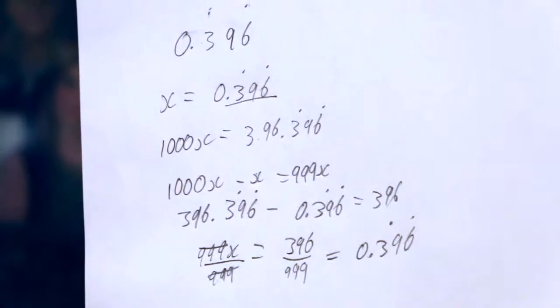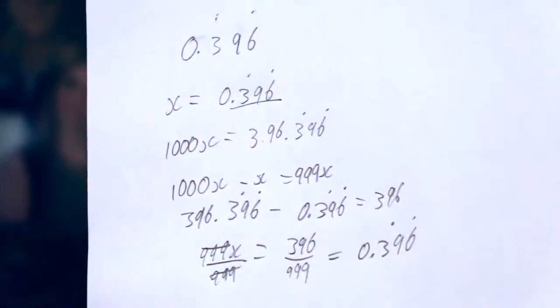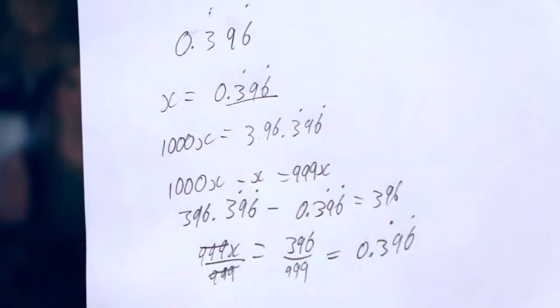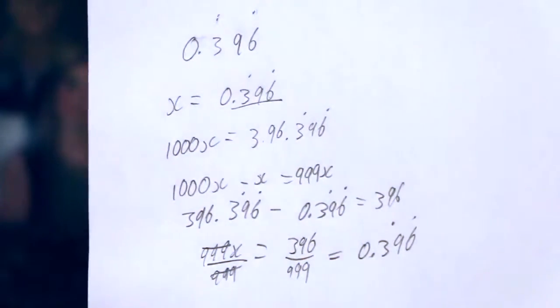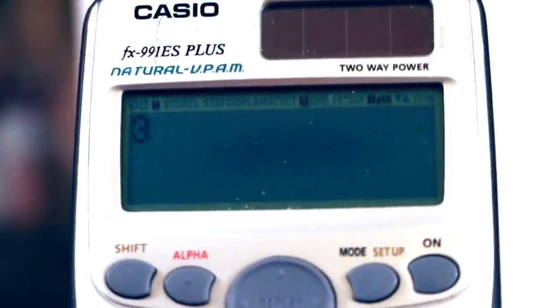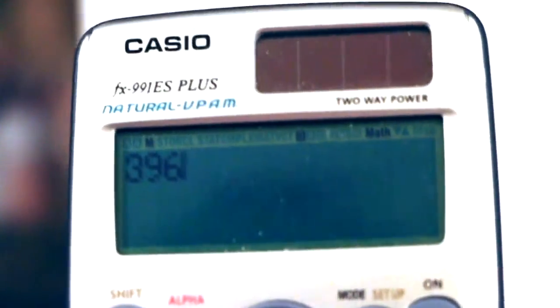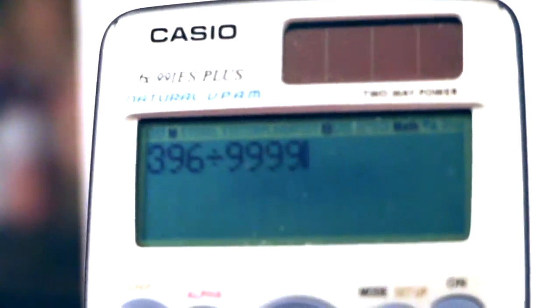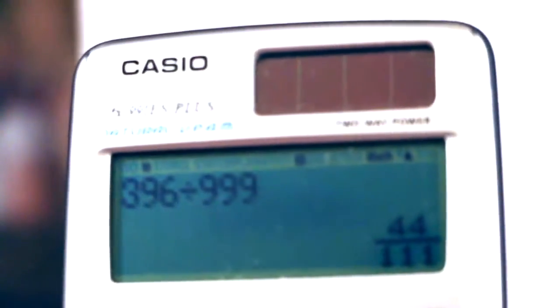So if you plug in 396 over 999 into your calculator, the answer will be 0.396 recurring. Let me show you. 396 divided by 999, oops, too many nines, is equal to 44 over 111, which is equal to 0.396 recurring.